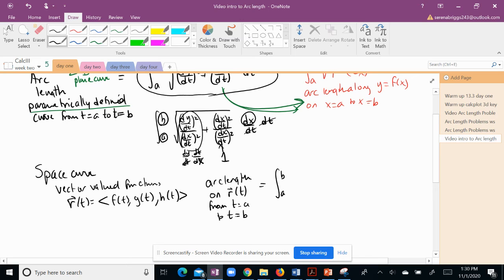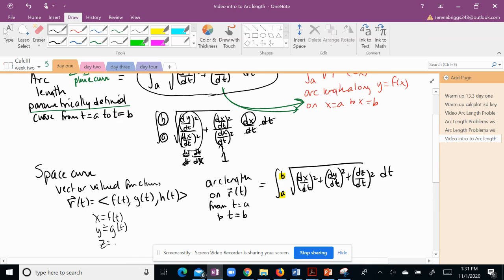So these are going to be values of t, and it would be dx over dt, that quantity squared, plus dy over dt, that quantity squared, plus dz over dt, that quantity squared, if we're talking about a curve in space dt. And that would give us our arc length if these were values of t, a and b, where we're going to let our x component be f at t, our y component function be g at t, and our z component be h at t, right? So that's what these x, y's, and z's are up here.